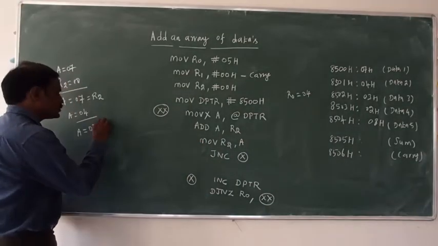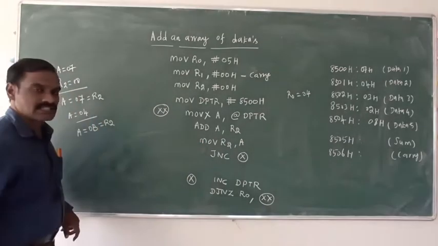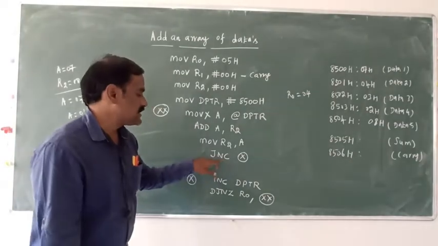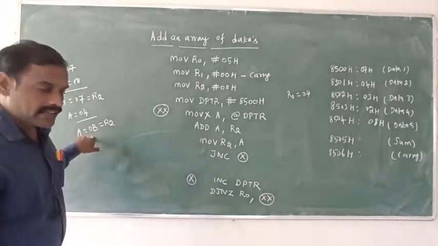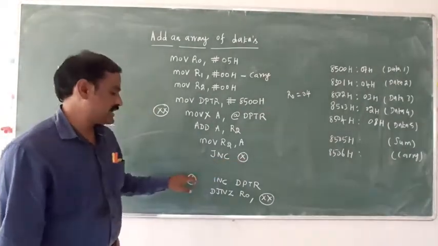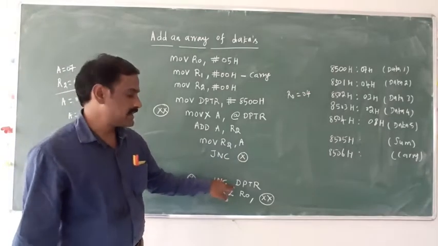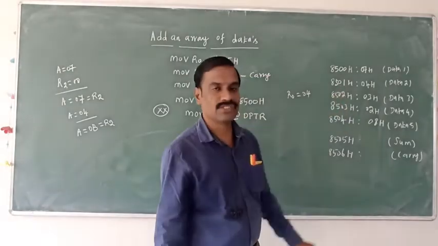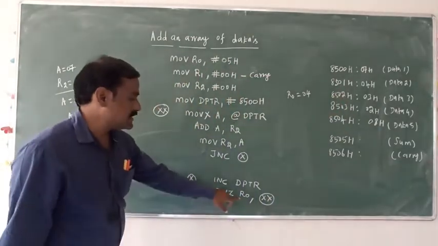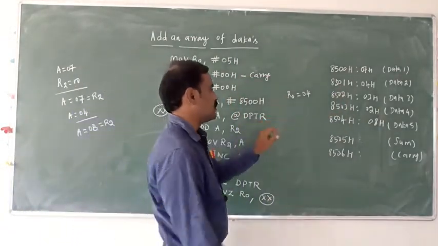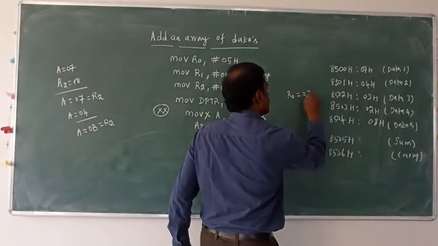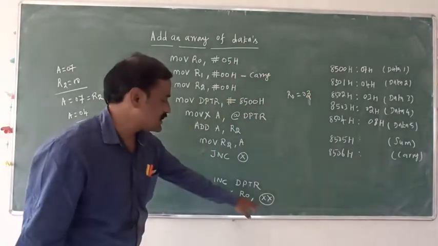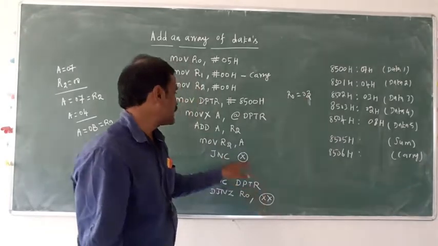Now check the result, whether there is a carry or not. Here also there is no carry, so jump again to increment the data pointer address. Now the address will be incremented to 8502, and then the number of data is decremented to 03. Now check whether it is 0 or not. Not 0, so jump to here again.